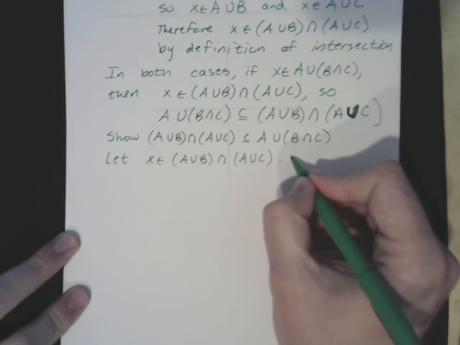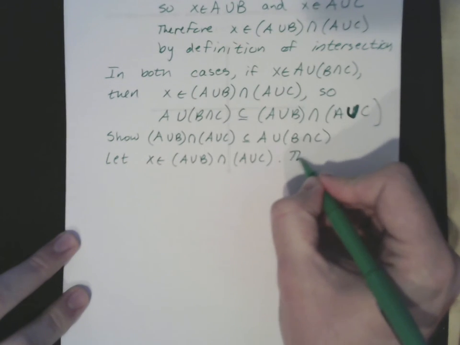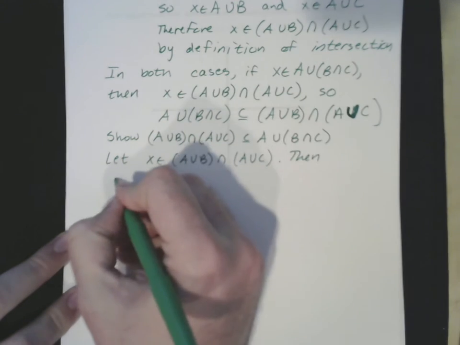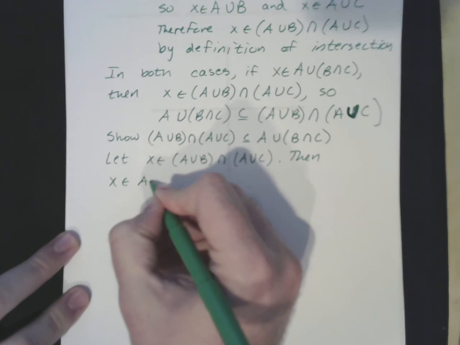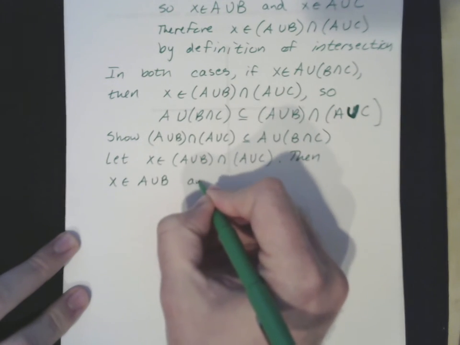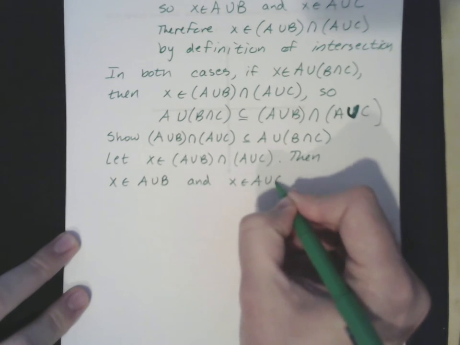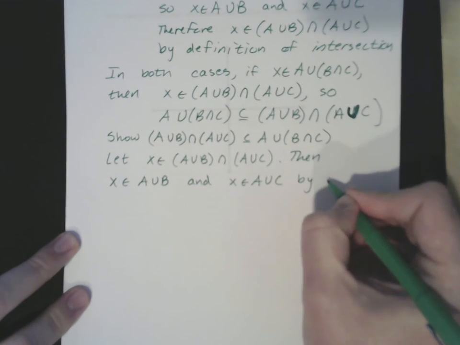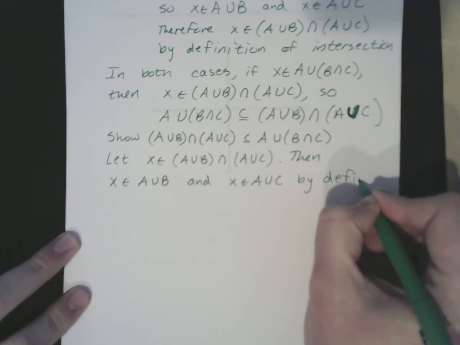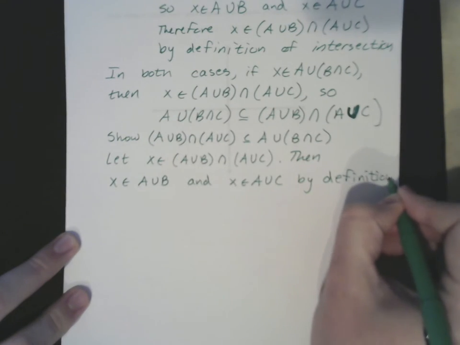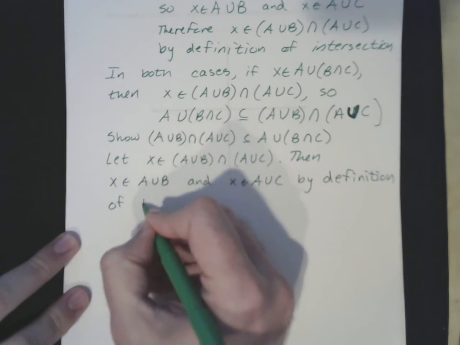So by definition of intersection, we know that X is in A union B and X is in A union C.